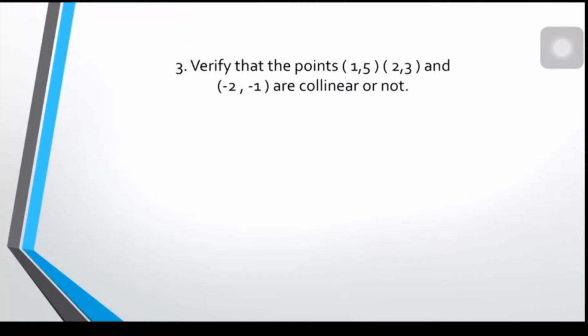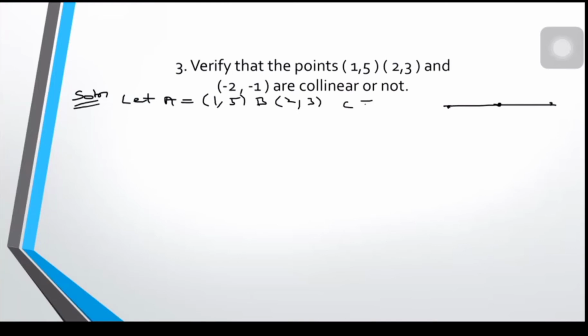Collinear means the points are on the same line. So first write the given points. Let A is equal to 1, 5, B is equal to 2, 3, C is equal to minus 2, minus 1.